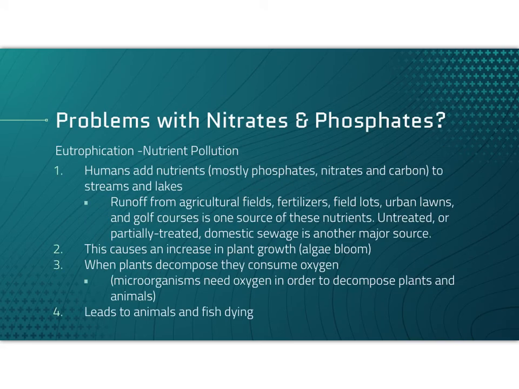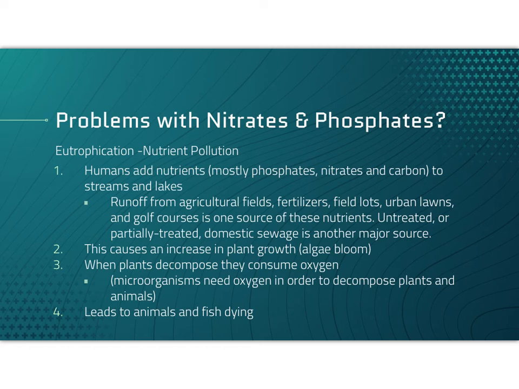So eutrophication is a nutrient pollution. Humans add nutrients like phosphates, nitrogen, and carbon to streams and lakes, typically from fields, fertilizers, feedlots, urban settings, golf courses, etc. Untreated or partially treated domestic sewage is another major source of this pollution.